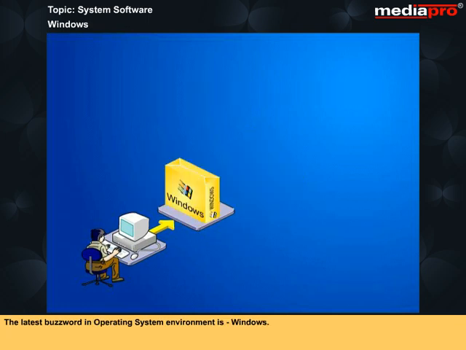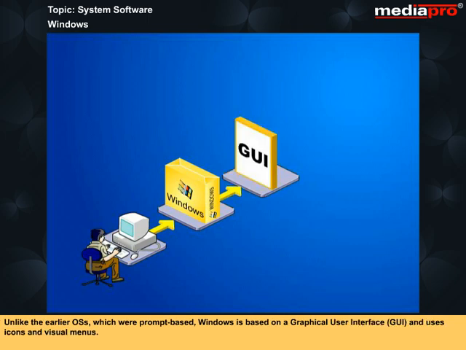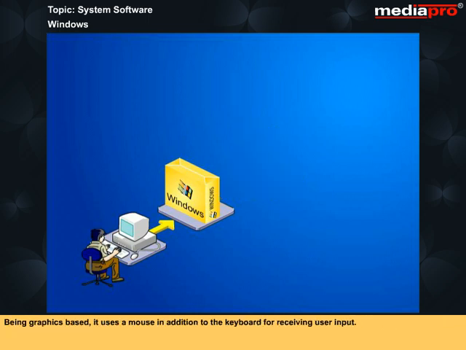The latest buzzword in operating system environment is Windows. Unlike the earlier OSs, which were prompt-based, Windows is based on a graphical user interface, or GUI, and uses icons and visual menus. Being graphics-based, it uses a mouse in addition to the keyboard for receiving user input.